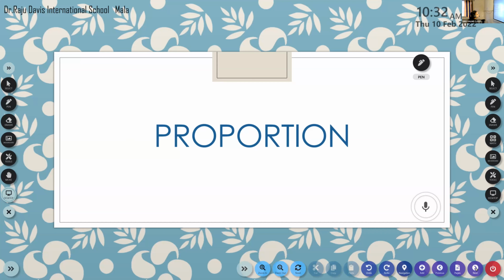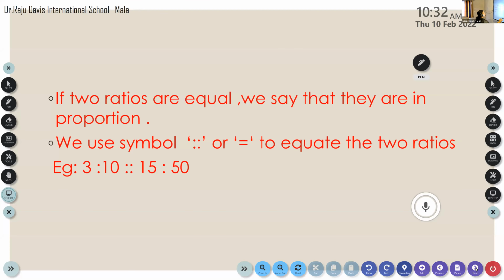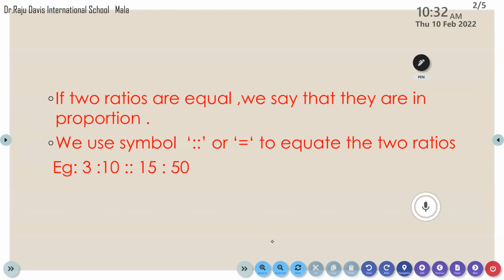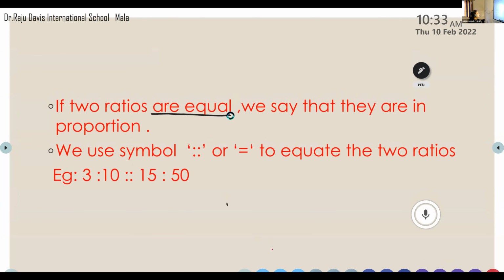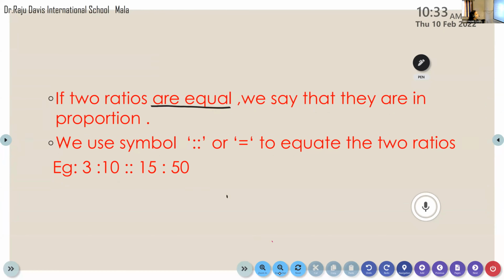If two ratios are equal, we say that they are in proportion. What we have to remember here, children, if the ratios are equal, we say that they are in proportion.